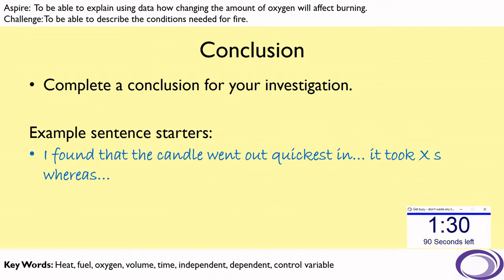So you may want to say that the candle went out the quickest in, and suggest which beaker. It took X seconds. So then you're quoting the time, and then whereas. So then you could put the opposite side of that. So you could say where the candle went out the slowest and how long that took.